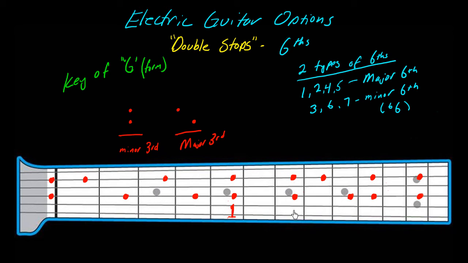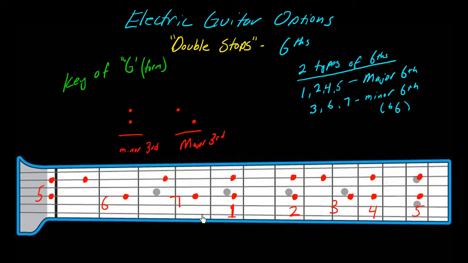And this pair of notes, that's the 2 chord. This is the 3 chord. This is the 4. This is the 5. And this is the same as an octave lower here. So this is the 5. This is the 6. This is the 7 chord.